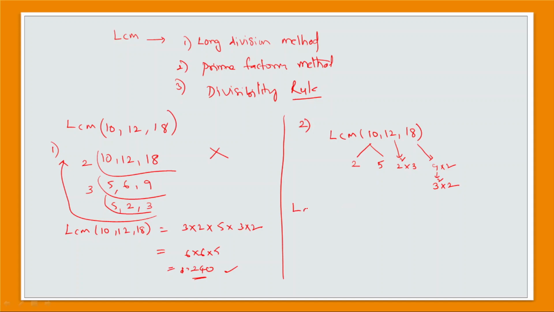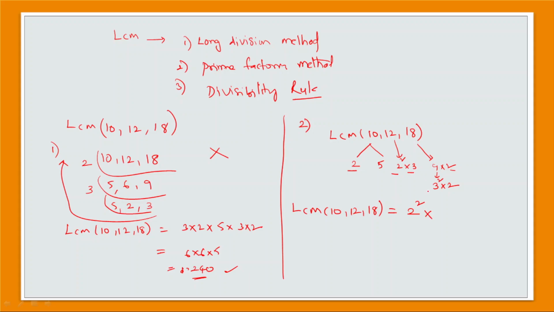So I need to get the LCM of 10, 12, 18. What we need to do is take the highest factor among the numbers. What will be the highest factor among 2 square and 2? The highest prime base will be 2 square here. And what will be the next highest prime base?